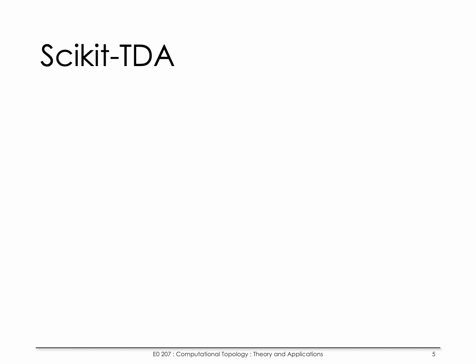Let's start with Scikit TDA. Scikit, as you all know, is a Python-based library that supports functions related to machine learning, vision, image processing, and so on. The unique feature of Scikit is that it is all written in Python and easy to set up and run.